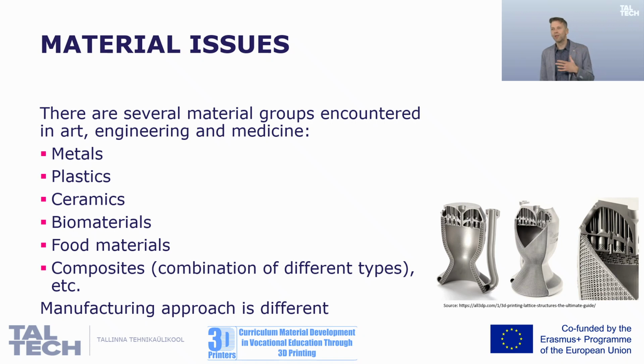Plastics are also nowadays so widespread, so it's even said that in the oceans we have more plastics than fish. So it shows that plastics are very widespread, but we should also consider carefully what are the materials when we're designing our products.